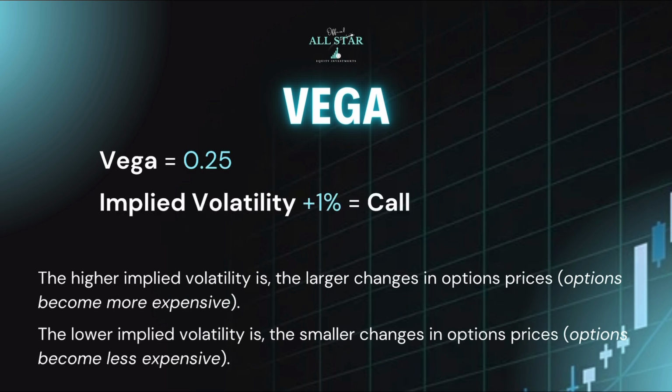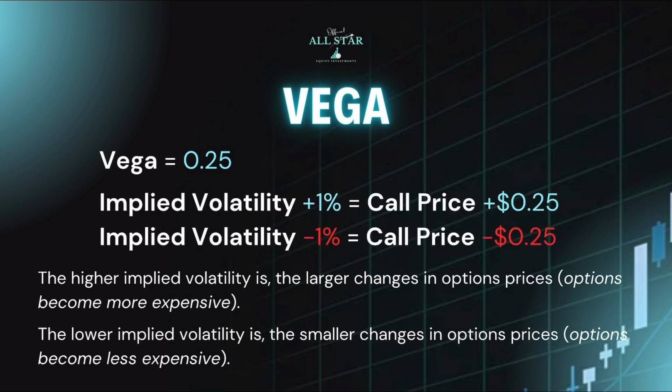So for instance, if the Vega on a contract is at 0.25, if the implied volatility increases by 1%, this corresponds to the options contract rising by 25 cents. And the opposite is true as well. If the implied volatility decreases by 1%, the option price is expected to fall by 25 cents. Along with that, one thing to keep in mind is that the higher the implied volatility, the higher the option prices become because of the inflated movement.